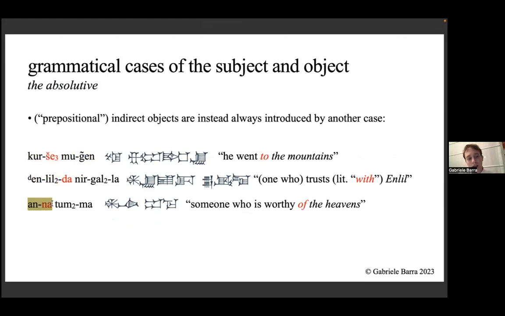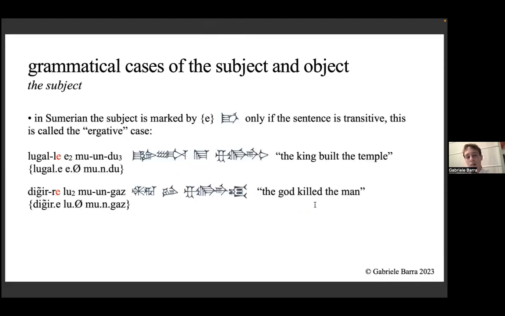And an na tum, worthy of. Why do I say this? Because in Sumerian, some verbs do not take a direct object. So sometimes you end up having an indirect or prepositional object where you would expect a direct object in English. And why is that relevant? Now we'll see, because we're going to talk about the subject.